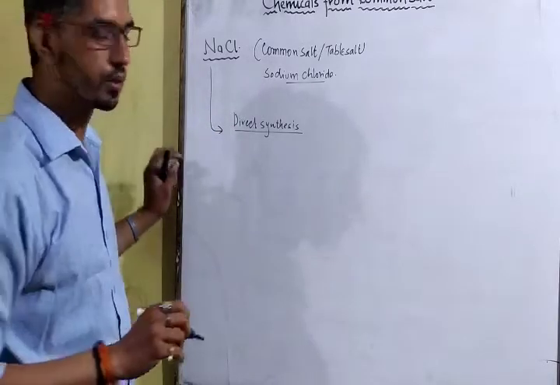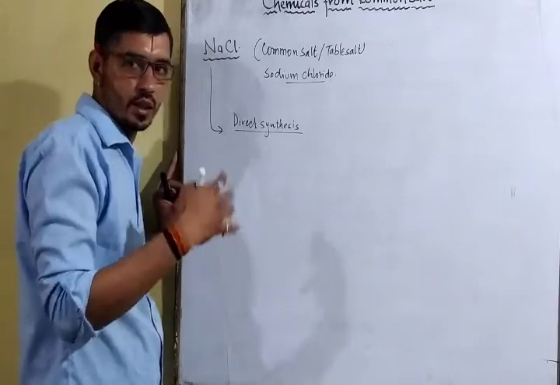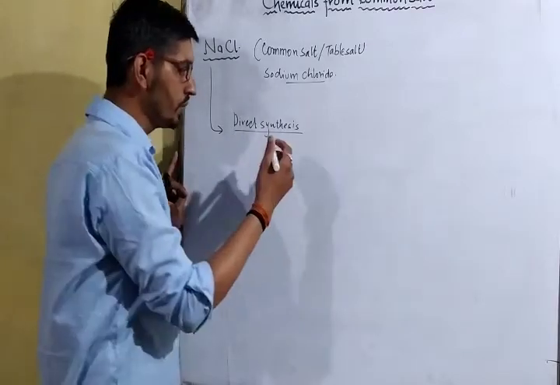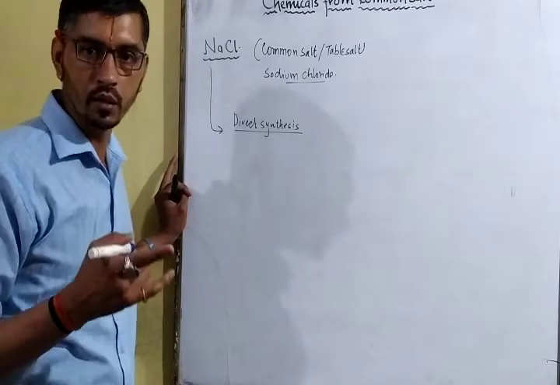And we know that a neutral salt is produced by a strong acid and a strong base, in which total replacement of hydrogen ion takes place.